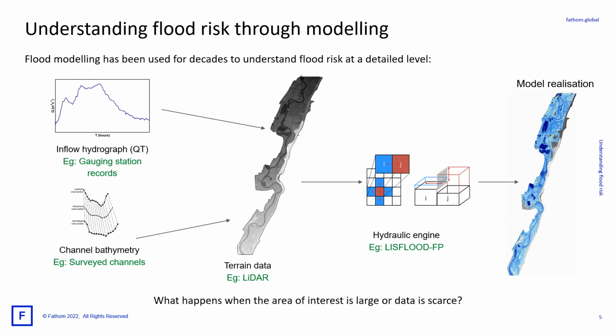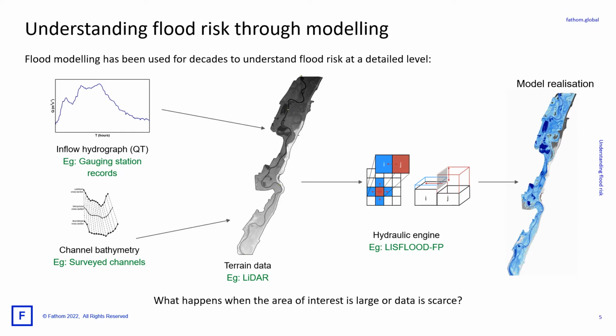And one of the big drivers that's changed the flood modelling space, I guess, is the increasing compute power that's gone along at the same speed as these developments. So over a relatively short period of time, more detailed, more complex models over larger areas are within reach.